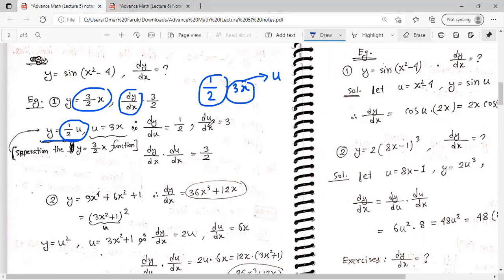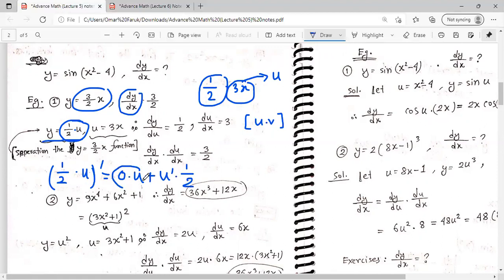So its derivative uses the product rule. For example, we have 1 by 2 u. The derivative of 1 by 2 u will be the derivative of half, that means 0, into u, plus the derivative of u into half. So this part makes 0, and we have the derivative of u into half.